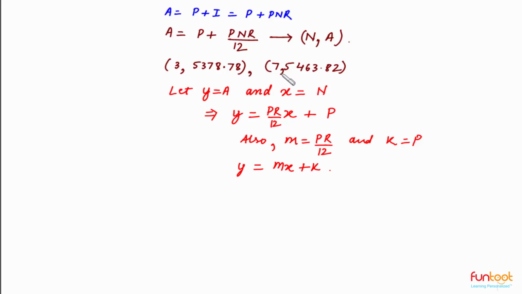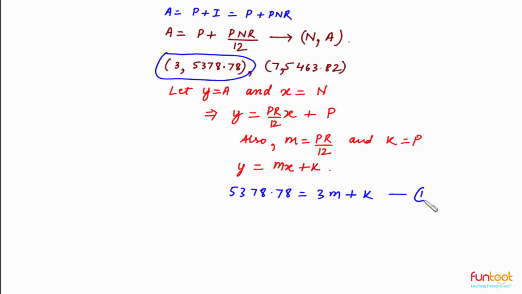Now putting these two solution pairs in this equation, we can obtain two equations. So putting x equal to 3 and y equal to this value, we will have the first equation as 5378.78 equals, in place of x we'll write 3, so this will be 3m plus k.